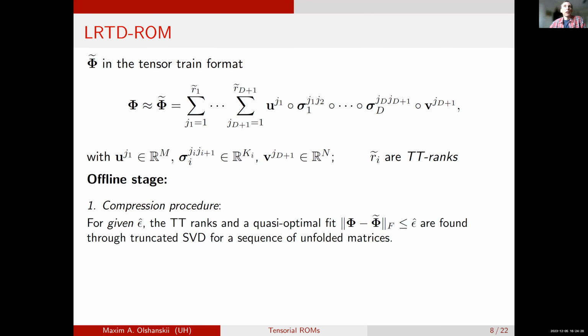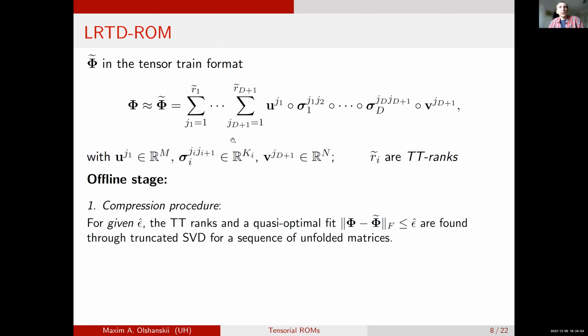So now we have offline and online stages of the dimensional reduction. In the offline stage, similar to POD, but now working with a tensor, we are finding high order SVD or tensor low rank decomposition.